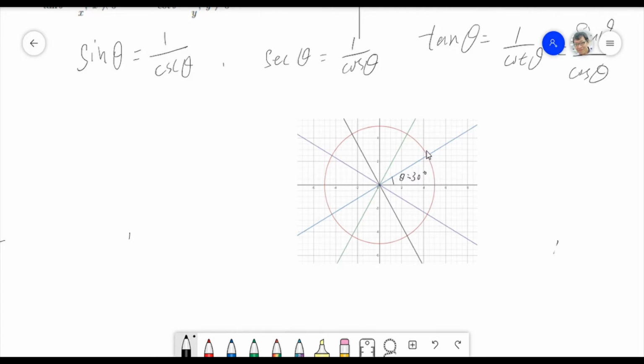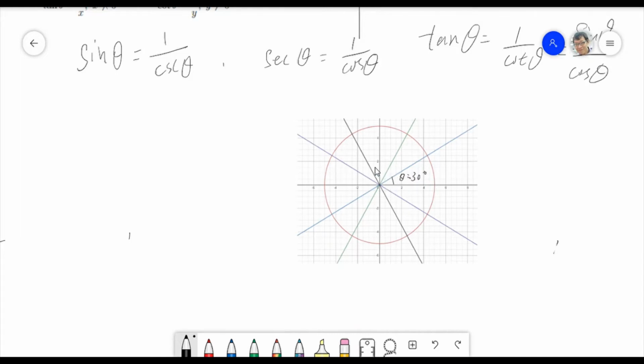When the end line stops somewhere, they form an angle. What's the angle here? It's 30. Keep going, and this is another 30 between these two lines. So the whole angle from the start until the green line is 60. If you go to the y-axis, it's 90.